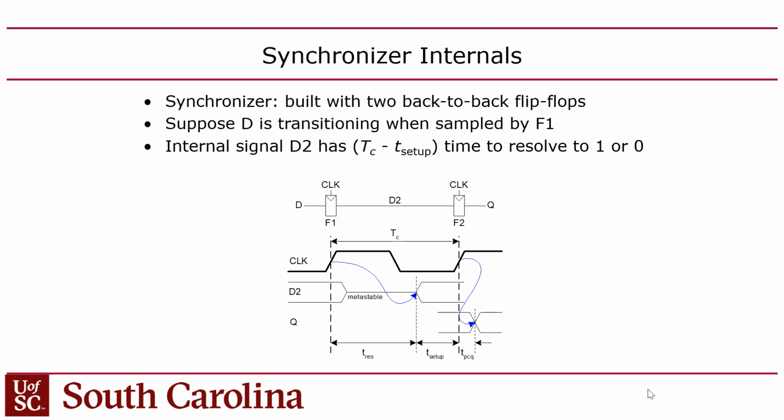And the idea is that, let's say the first flip-flop goes into metastability. As long as it resolves its metastability before the setup time of the second flip-flop, then we can just use the output of the second flip-flop as our value. You guys with me?